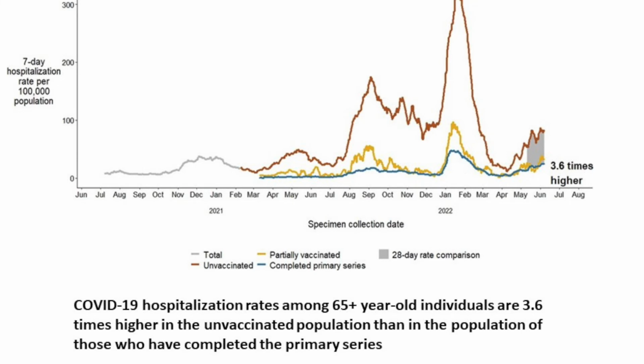And again, this is data from the Washington State Department of Health, and it is consistent with the relationships or trends that we see, vaccinated versus unvaccinated hospitalizations, from other states in the United States as well.